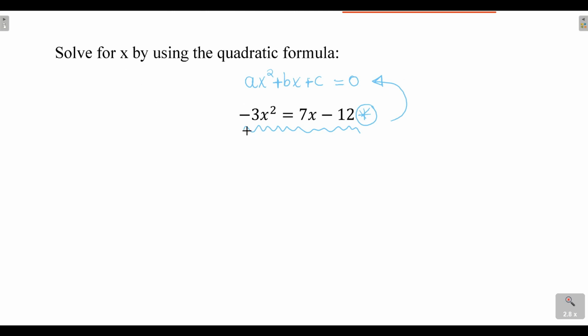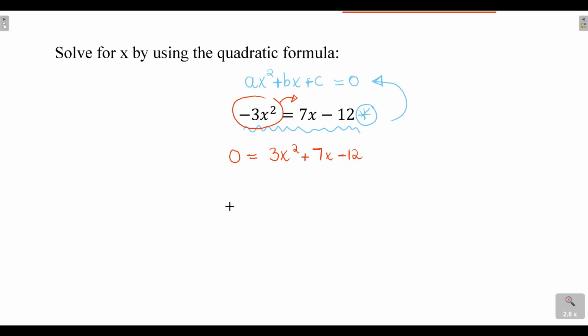So I'm going to move the negative 3x squared to the right hand side, because I don't want to be working with a negative 3x squared. I actually want to work with a positive value. So I'm just going to say 0 is equal to 3x squared plus the 7, which is still on the right hand side, so it's going to stay as a positive 7x minus 12.